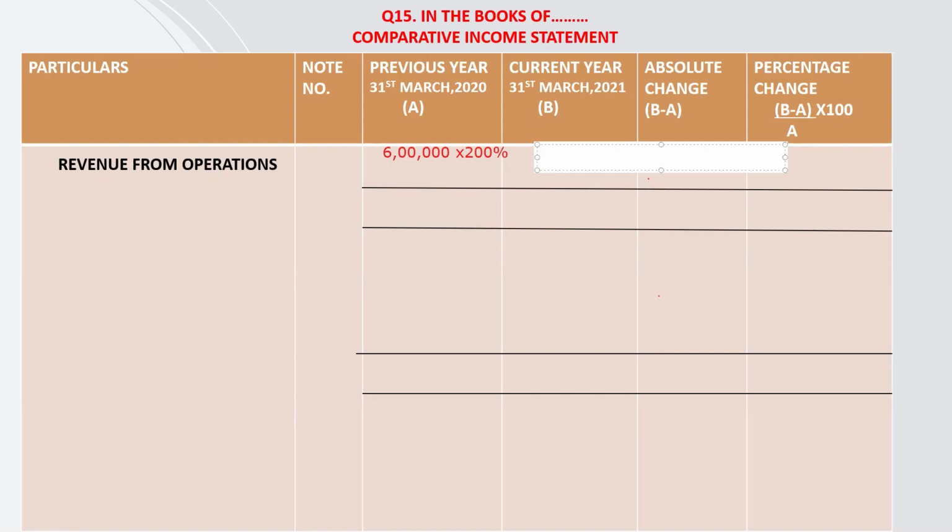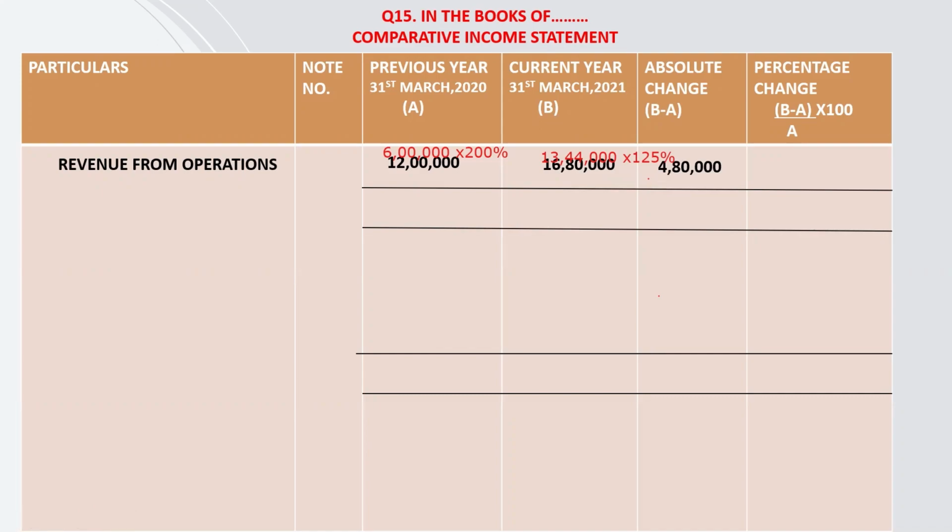Similarly, we are given an amount of 13,44,000, on which we have to calculate 125% of it so as to know the revenue from operations. So when we did this calculation, we got our revenue from operations for the previous year as rupees 12 lakh, and for the current year it is 16 lakh 80,000. Now the difference of 16 lakh 80,000 and 12 lakh is our absolute change, amounting to rupees 4 lakh 80,000.